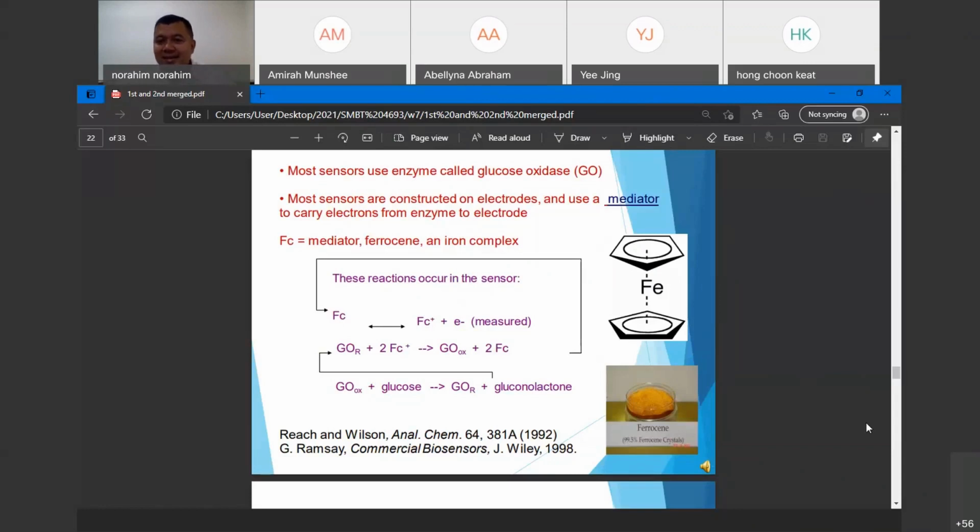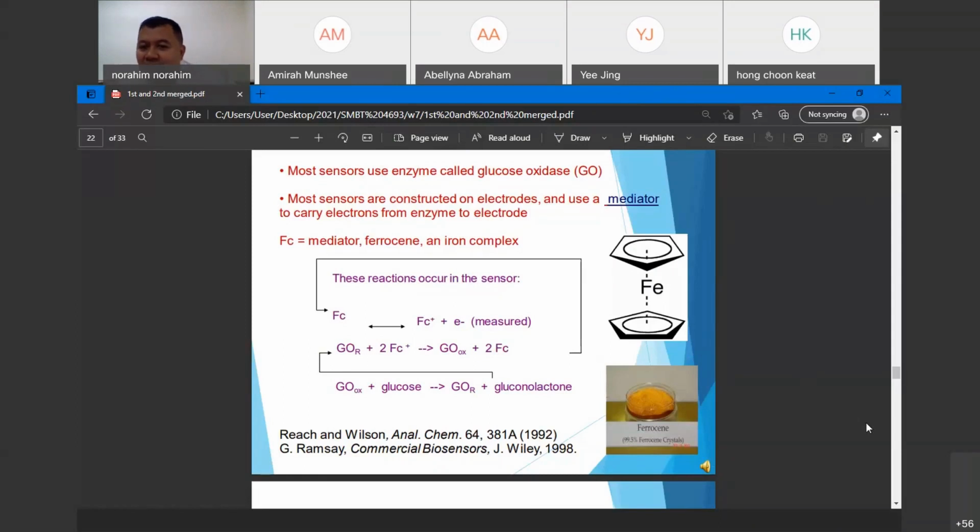Glucose oxidase, it's an enzyme. Enzim ni dia very popular kan? Untuk apa? Glucose oxidase function dia untuk remove oxygen from food product. Untuk oxidize ataupun untuk reduce? Remove small amount of oxygen. Okay.